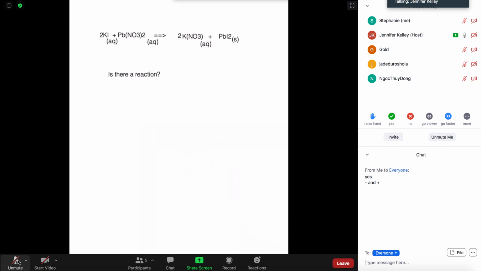The way to tell is to look at the right-hand side and see if you have anything that's not listed as aqueous. So here we have a solid. That's not aqueous, so it's permanently bound in that it's not going to dissolve in water. So that means there is a reaction there.